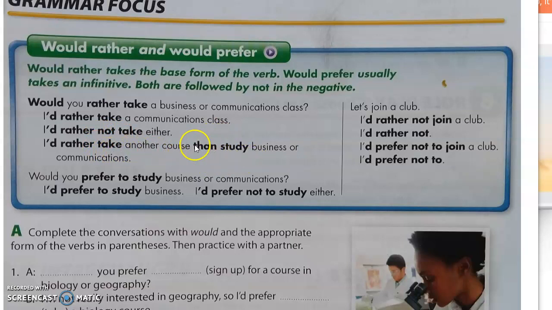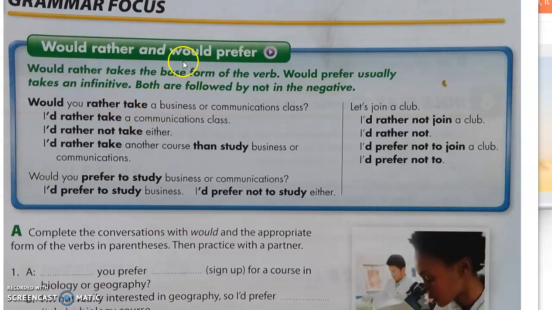Now, since we're comparing, we have to use the comparative than, and then we're going to use another base verb. I'd rather take another course than study business or communications. So when you use would rather, just make sure you're using a base verb.